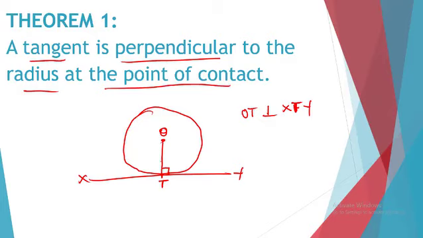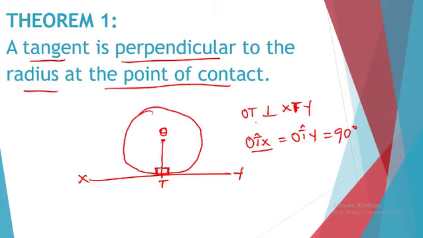Now the line OT bisects line XTY. Looking at this figure, you will also agree with me that the angle at T for OTX is 90 degrees, and the angle at OTY is the same thing, also 90 degrees.